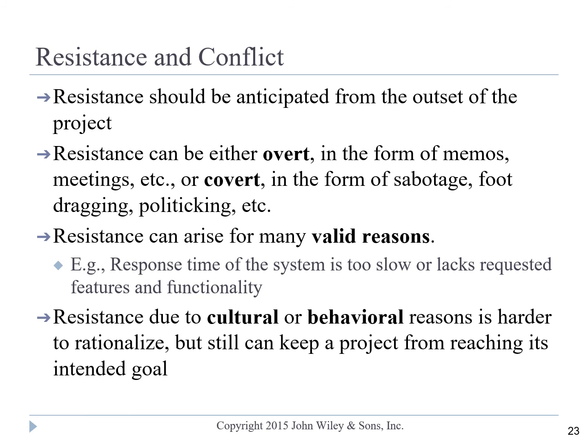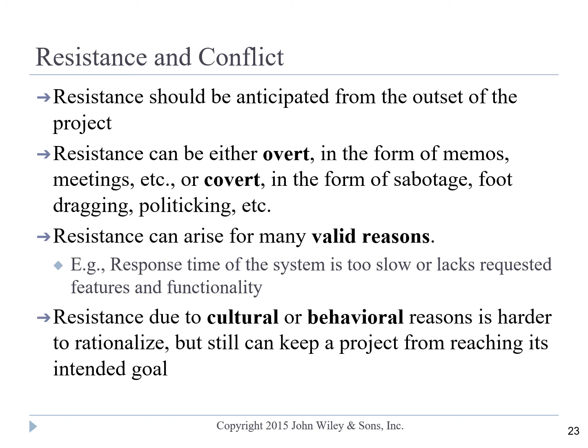We should expect resistance from people who anticipate being impacted negatively by our project, and their resistance can be overt, very obvious, or it can be covert, meaning that they try to undermine our change efforts or our project covertly by discouraging other people.